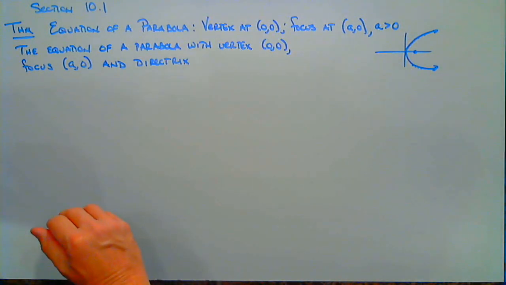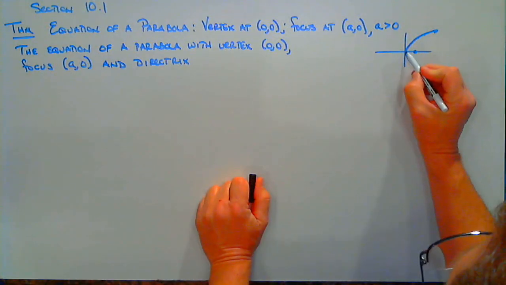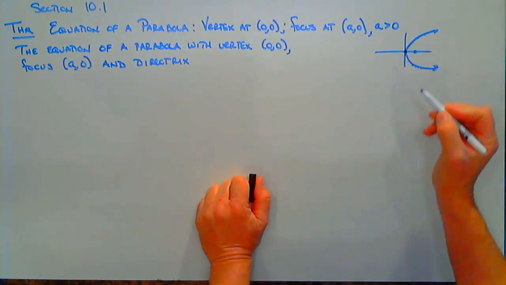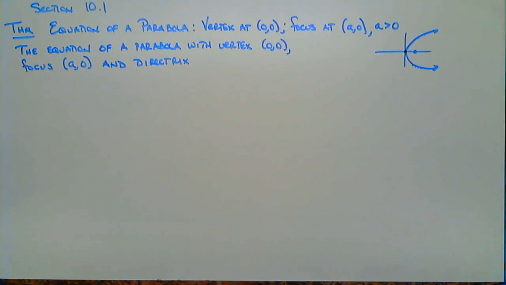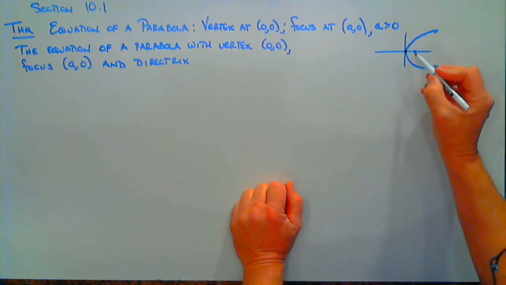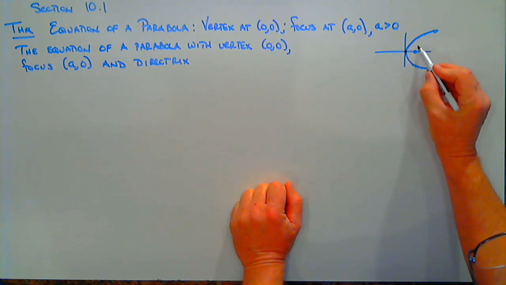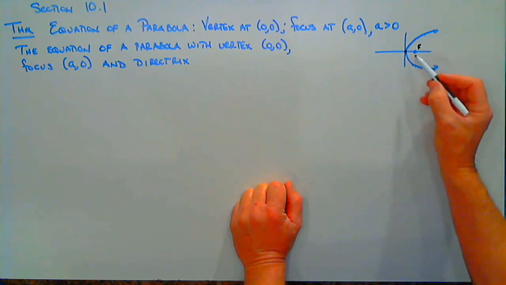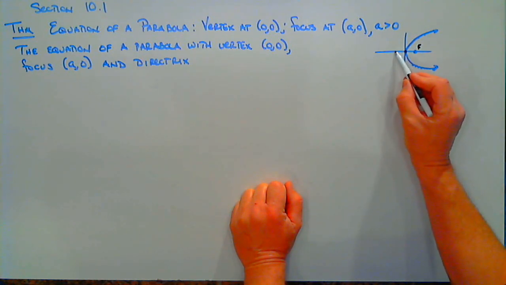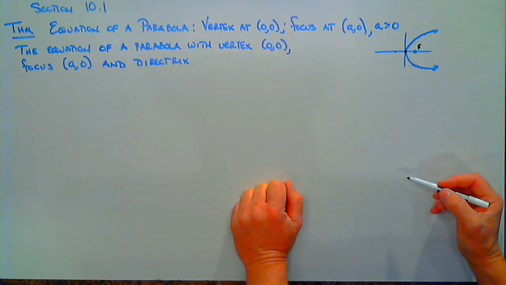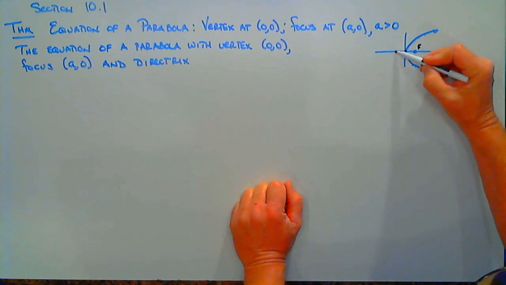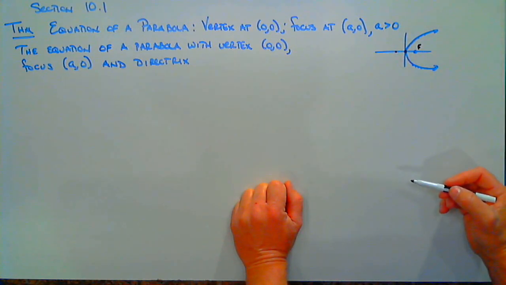I know this is a little sketchy, but let's just use it instead of making it bigger. What do we know about the origin? We know the distance between the origin and the focus has to be the same as the distance between the directrix and the origin. So the directrix has to go through this point right here.